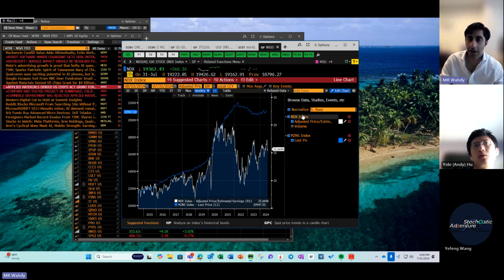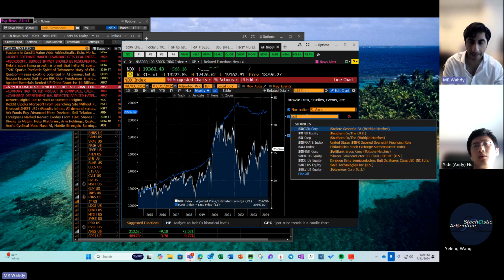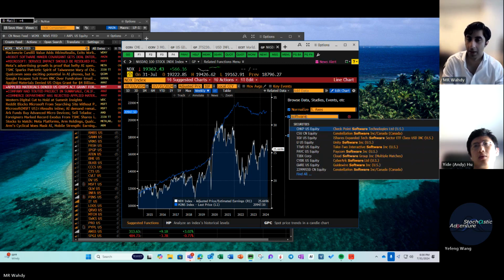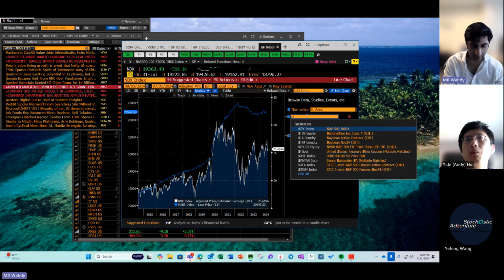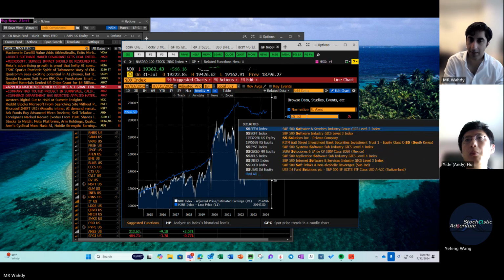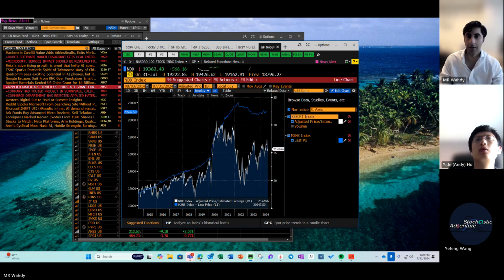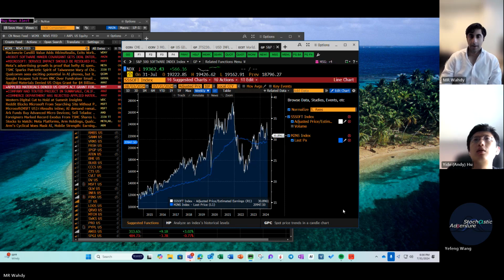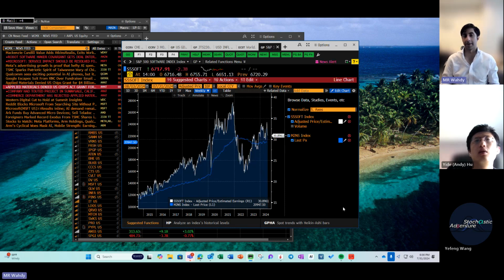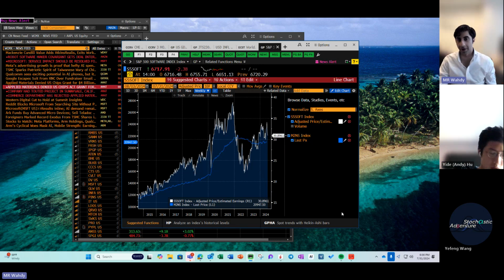You can look at, for example, the software index. This is another good illustration.